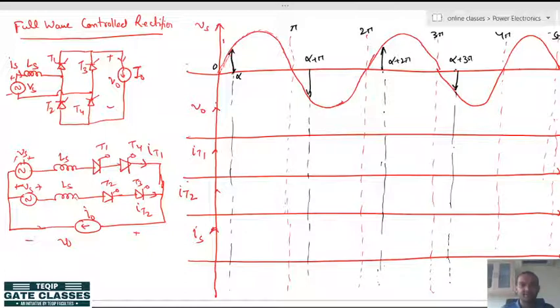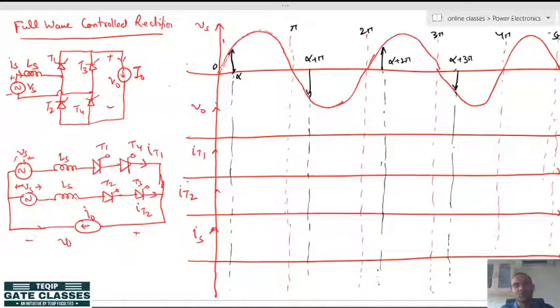Okay. Now, see here what will happen in the case of a thyristor, since we know that unless we give the gate pulse, the thyristor will not start conduction, will not come into conduction mode, they will remain in the blocking mode. So, let us start with the initial part of the cycle. From 0 to alpha all thyristors are off.